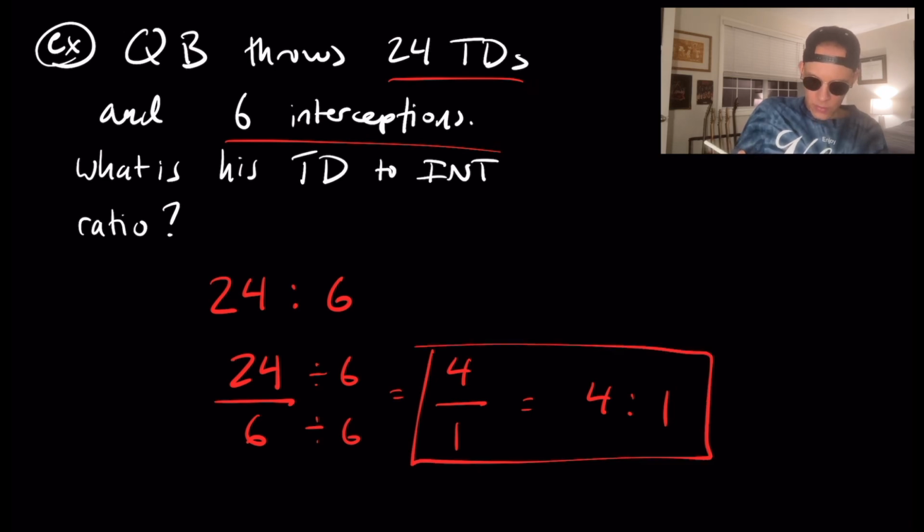So what that tells me is that this quarterback is pretty good. He only throws an interception after he's thrown 4 touchdowns. That's not exact, but maybe one game was really bad and one game was really good. But overall, as it is averaged out, this quarterback will throw 4 touchdowns before he throws an interception, which is a really good rate, and you'd want this guy on your team.